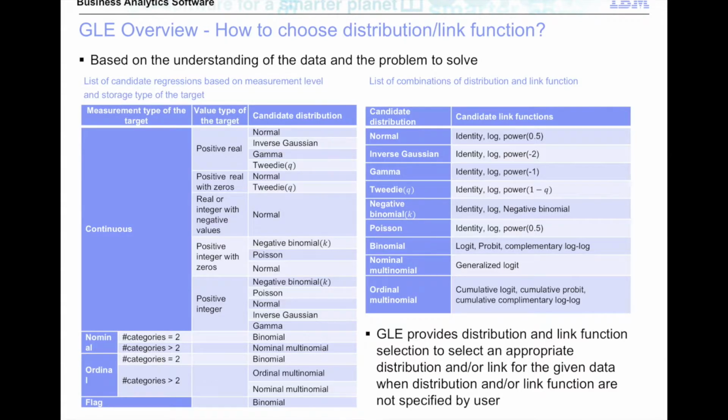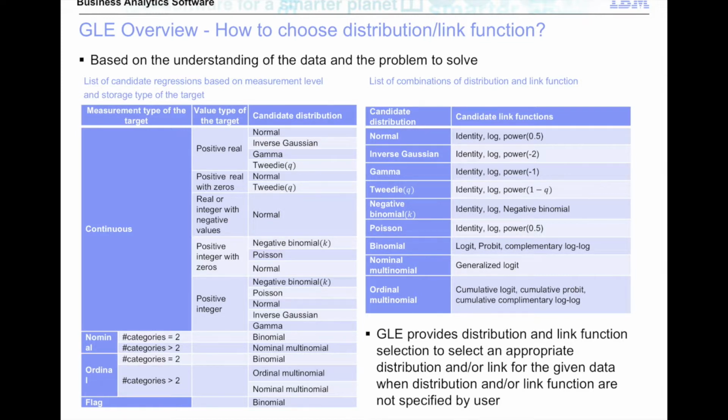For the nine distributions and the sixteen link functions in GLE, how users select a combination of them tends to be a question. An experienced user can select a proper distribution by understanding the data and the measurement level of the target. If the target is continuous, the user can use all distributions except nominal and ordinal.